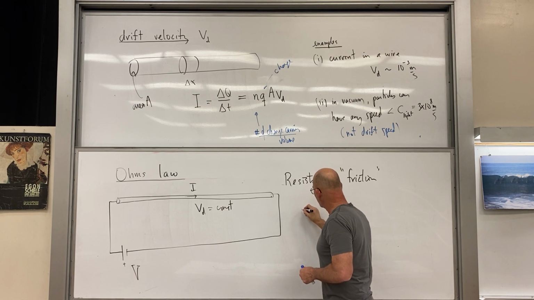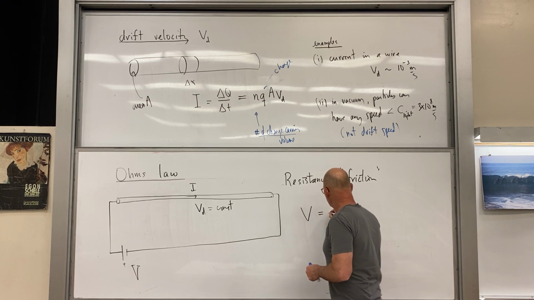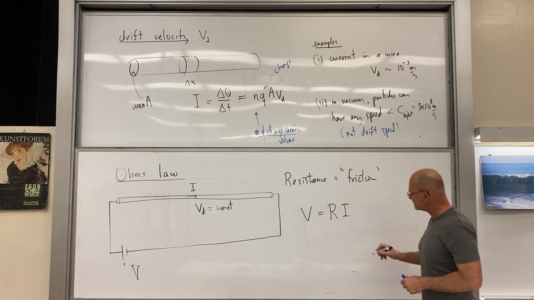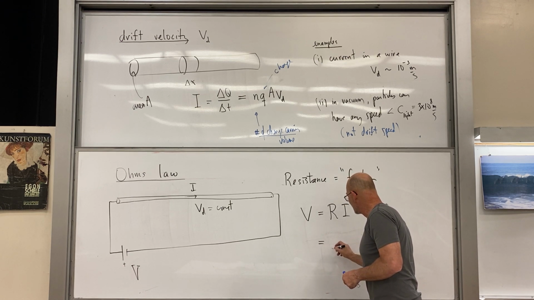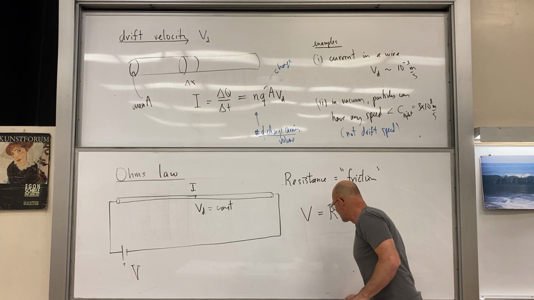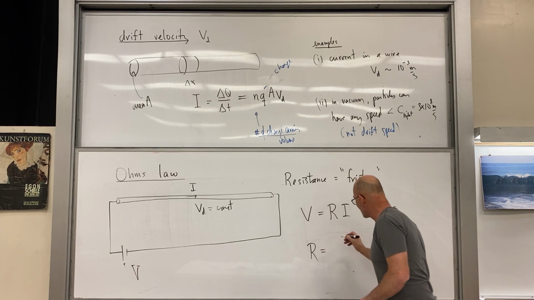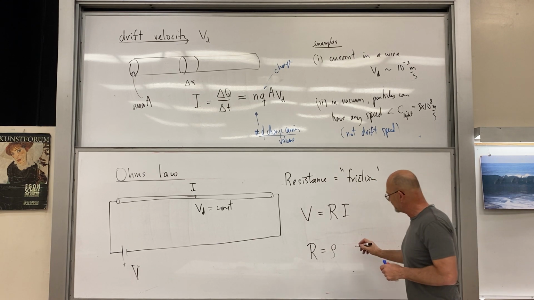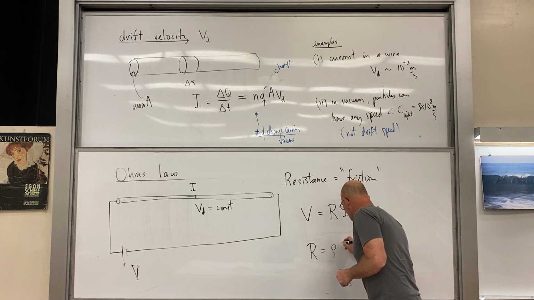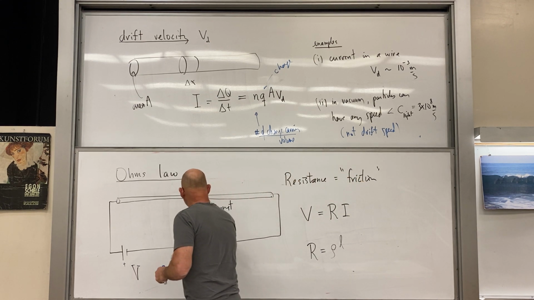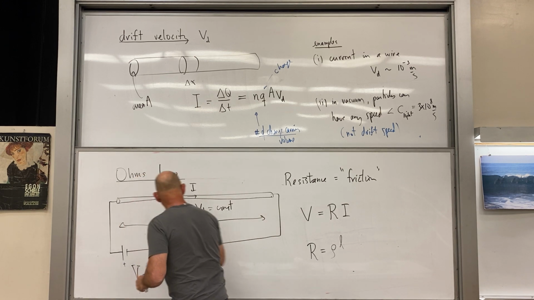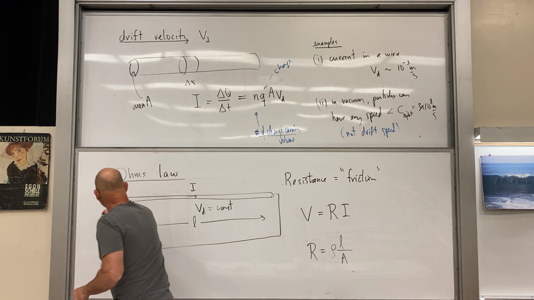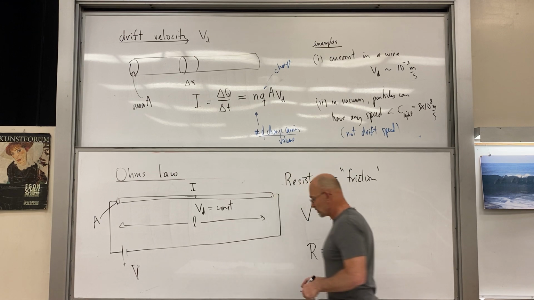And we're going to have Ohm's law: V equals R times I. And this resistance here is built up out of a resistivity, and we'll talk about the units in a moment, times the length of this wire, divided by the cross-sectional area A. Which makes sense.